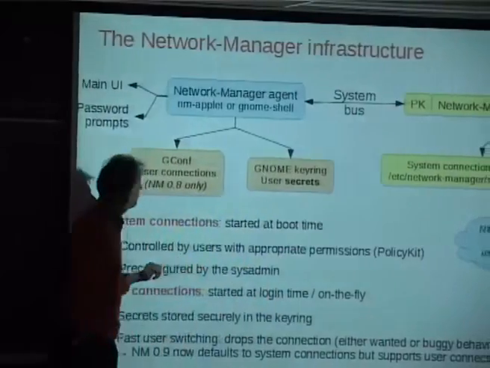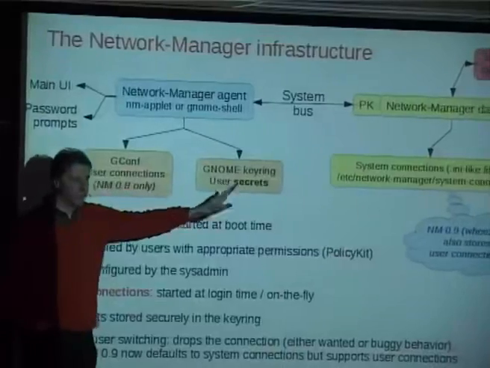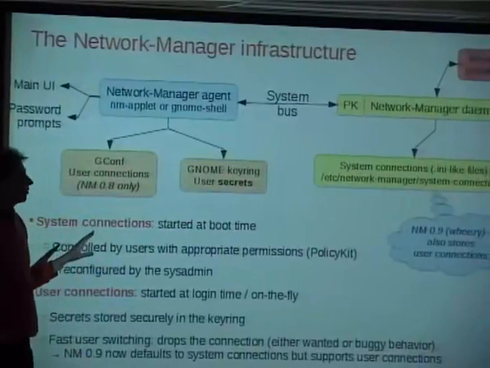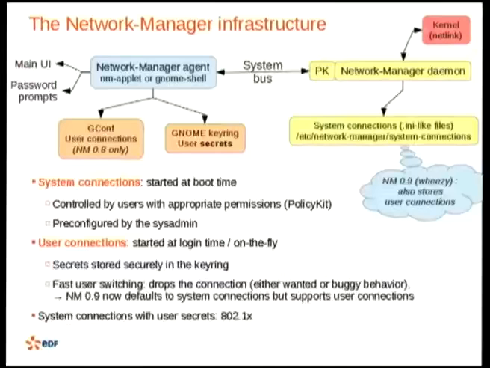User connections used to be stored in gconf, and now they are also stored at the same place as system connections, but there is a minimal permissions management system in Network Manager, so the connection is marked as owned by user Joe instead of being for everyone. And only Joe can write connections for user Joe, while you need root permissions to write connections for everyone. And the important thing is also that the agent talks to the keyring daemon to store the secrets securely.